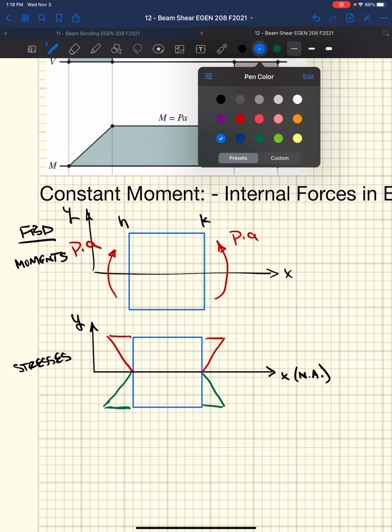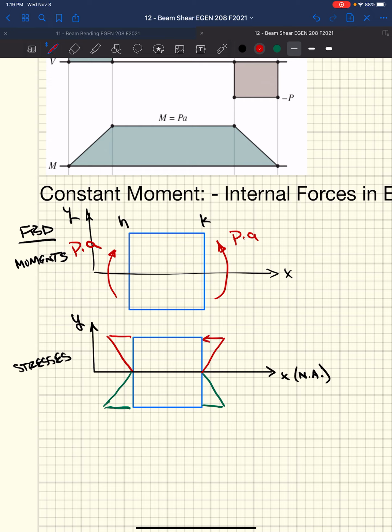So as we look at the top here, due to applied positive moment on the ends of our cross-section, P times A, negative My over I. Our y is positive because we're going above our neutral axis. Our resultant is going to be a negative stress. Because our resultant's a negative stress, that means it's a compression. So the top half of our beam, if our moment is positive as it is, we're going to be in compression.